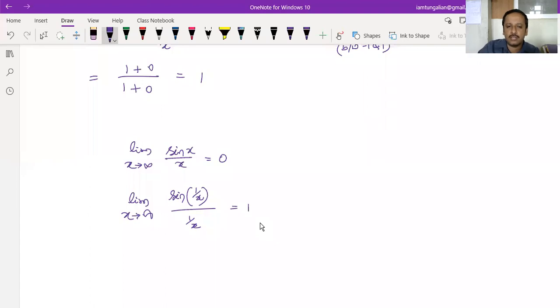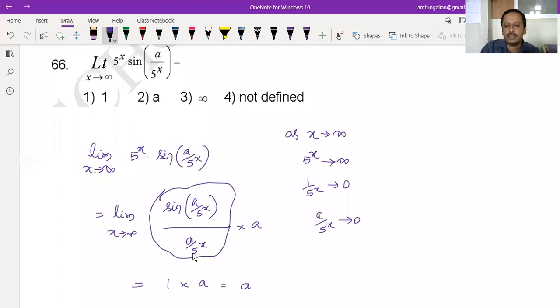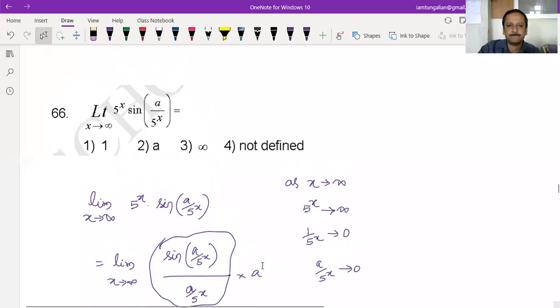Therefore, here in this question, when x tends to infinity, 5 power x also tends to infinity. Hence 1 by 5 power x will tend to 0, and a by 5 power x also will tend to 0. Hence this will be equal to 1. So the answer is 1 into a, which is a.